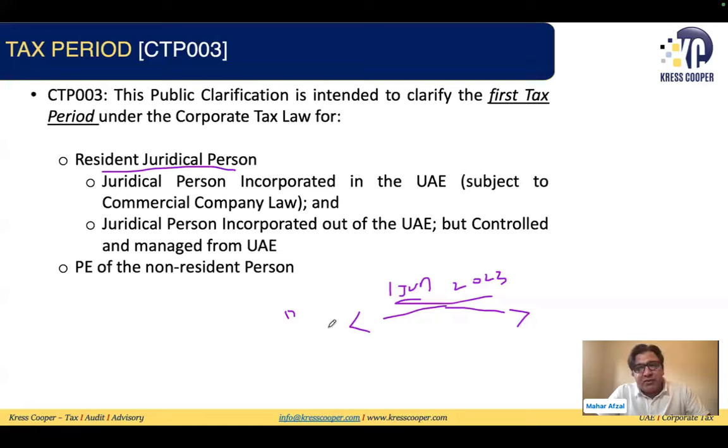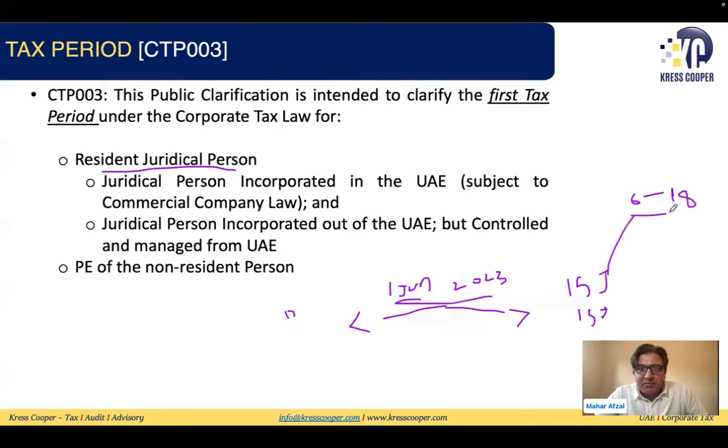And if the business was set up after 1st of June 2023, assuming it has been set up on 15th of June, or 15th of July, or 31st of August, whenever this business is set up, there is a possibility they have their first financial period of 6 to 18 months.